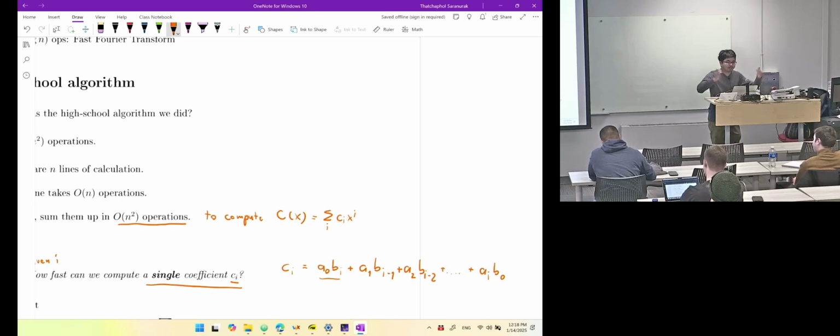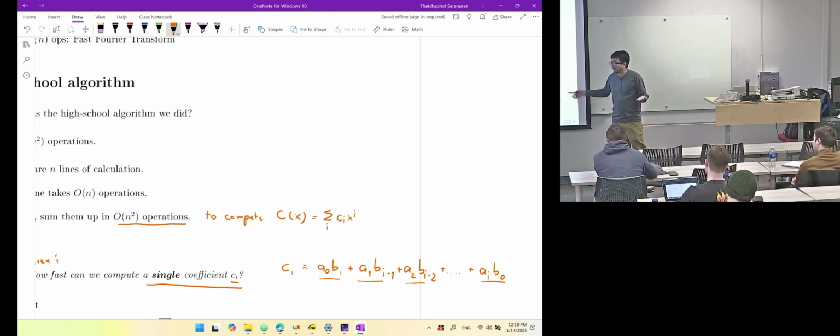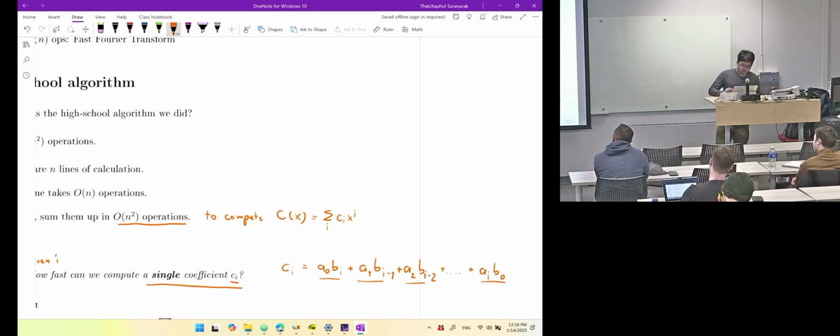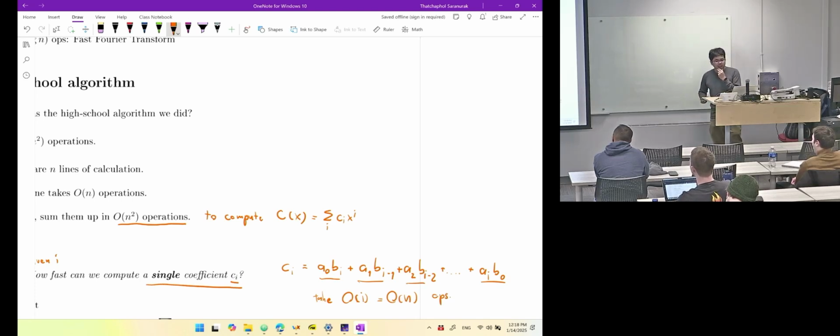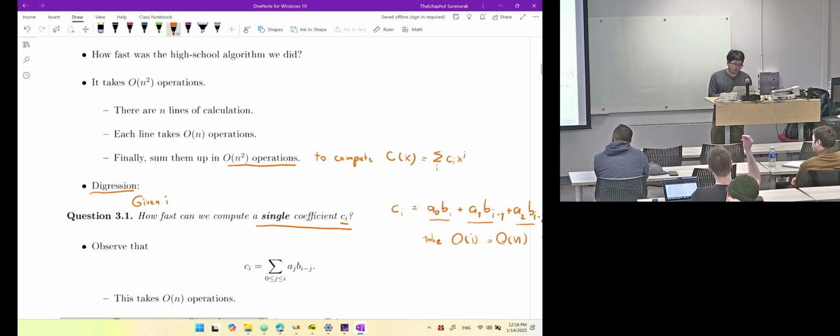This is how you pair up the coefficients and you get the ith degree of C. There are just i plus 1 terms here, so it's order of i to compute this, which is at most order of n operations. So in the worst case, it takes n time. If you just want one coefficient, you can get it in order of n.